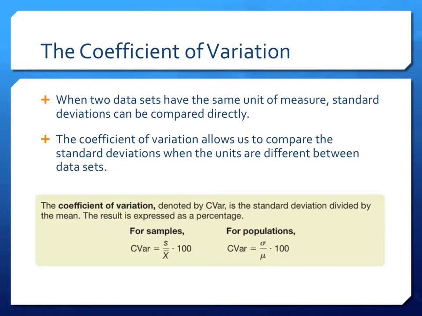Okay, the coefficient of variation. Now here's the deal. When you have two data sets that have the same unit of measure, standard deviations can be compared directly. However, the coefficient of variation allows us to compare the standard deviation when the units are different between data sets. So, for example, we have for homework tonight numbers 9 through 11. So I want you to do two things for me. One is this.